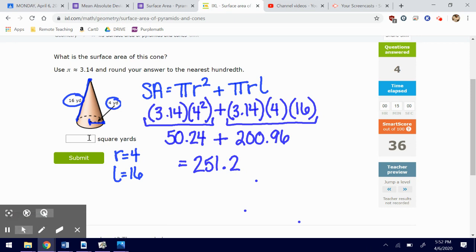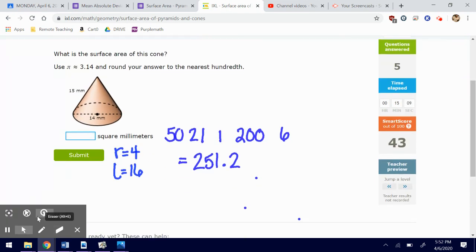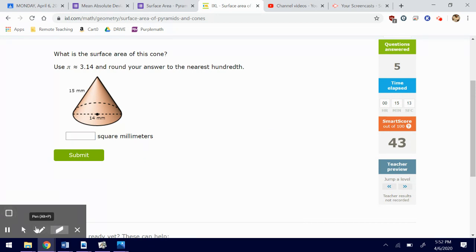Okay, so I'm going to type in 251.2. Hit submit. My goodness, another cone. Okay, same formula.